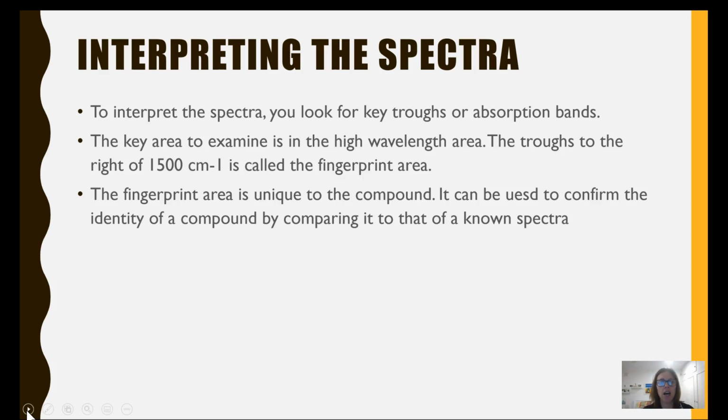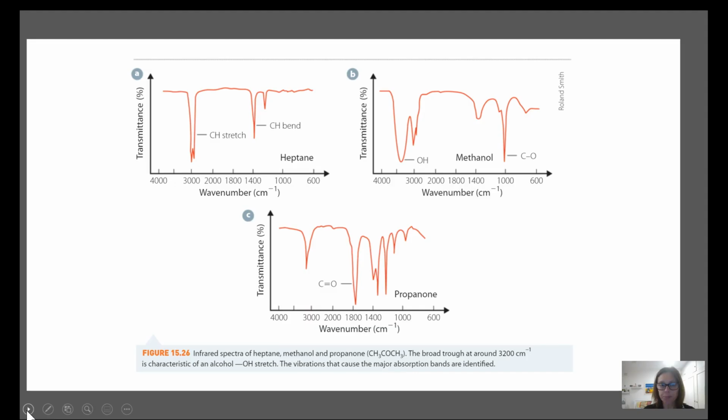There are some to the right hand side of less than 1500, and that's called our fingerprint area. It's unique to the compound, and the only way we really use that is if we have a sample of what we think it is, a known, and we can compare it and see, do they overlap and do the fingerprints match?